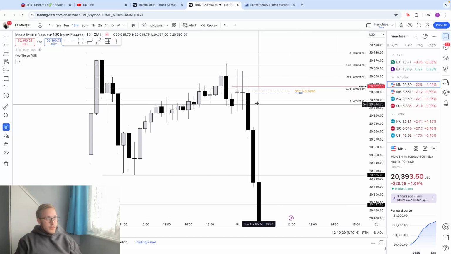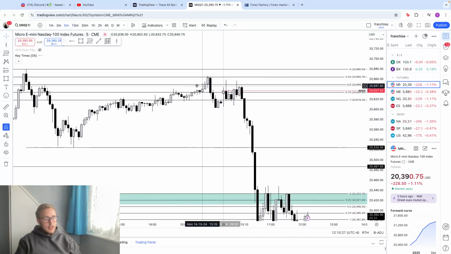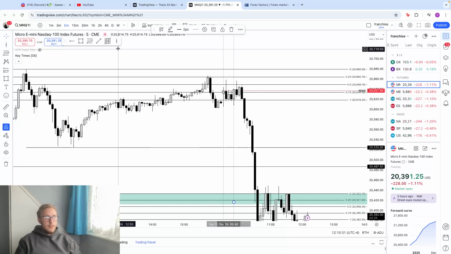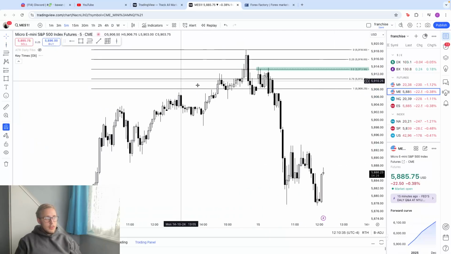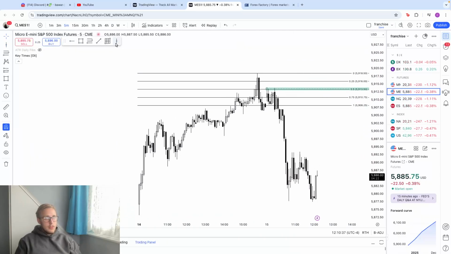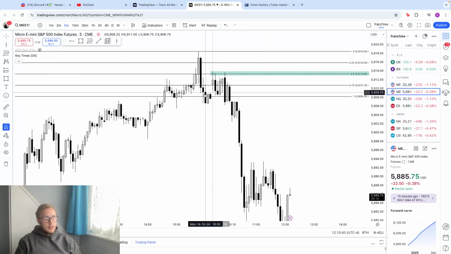So, as you can see, we can mark up our key times. That's 9:30. Can then mark up our macro. There we go. We'll do that for ES as well. This one's a bit more prominent of our opening range gap.